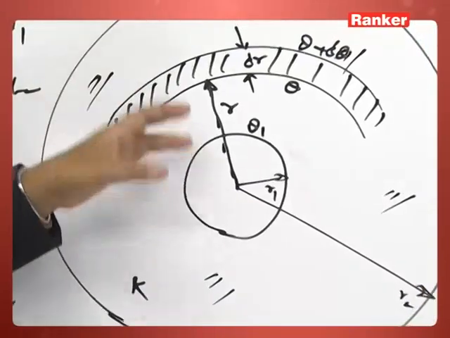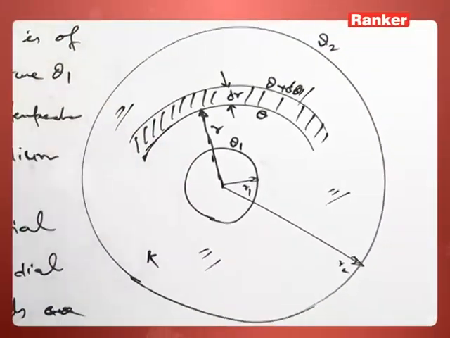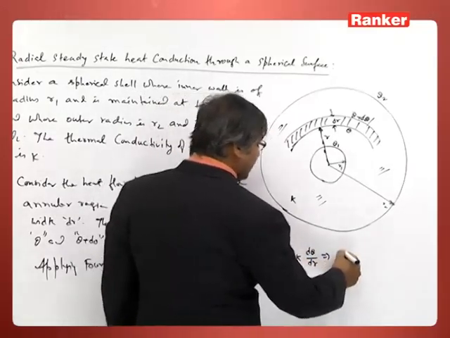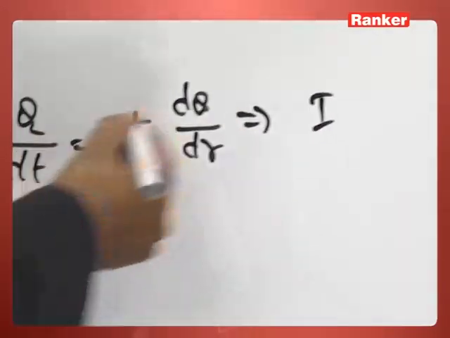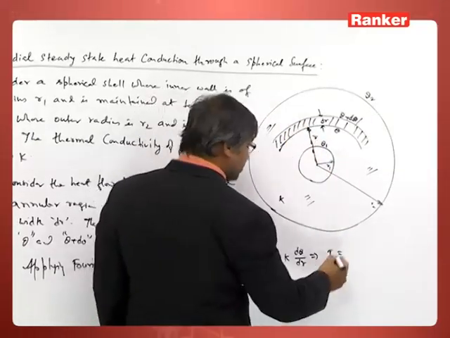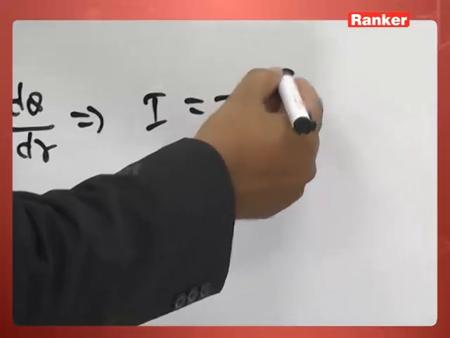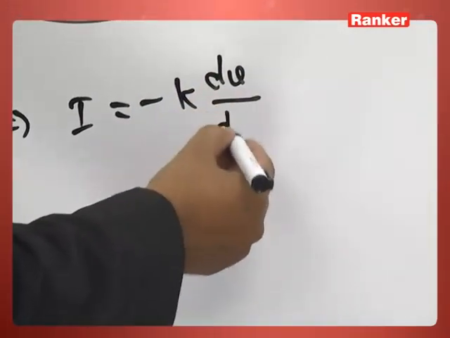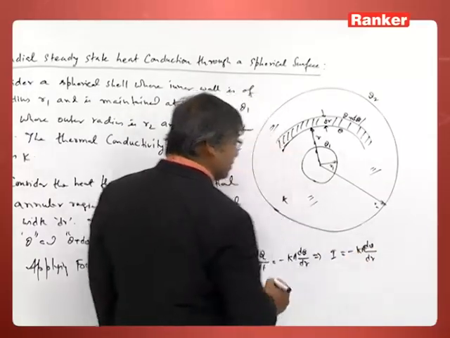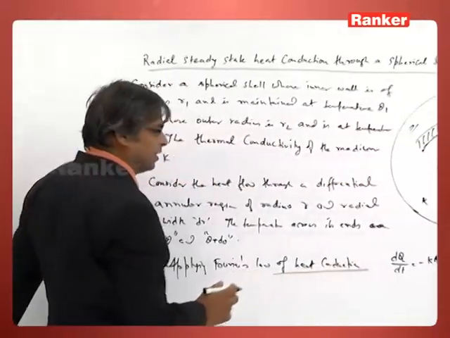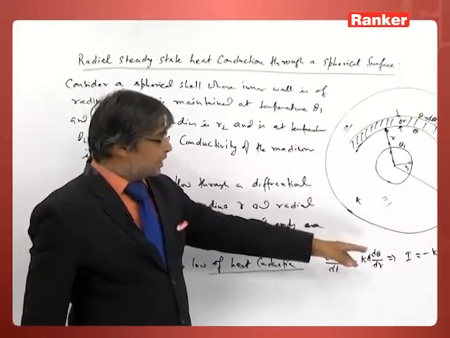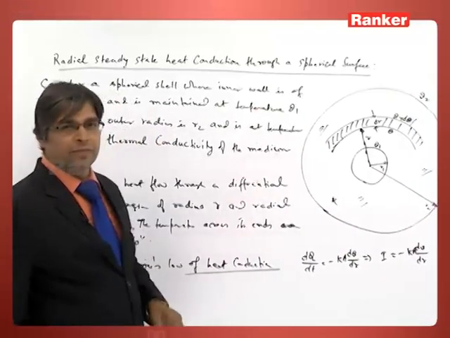So, I can apply the one dimensional formula along the radial direction. This will give us I, the heat current at steady state, flowing through all cross sections, equal to minus k d theta by dr, and here the area of cross section will also come.